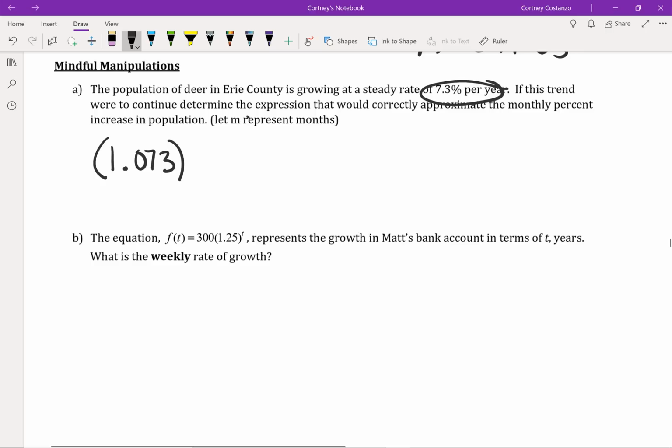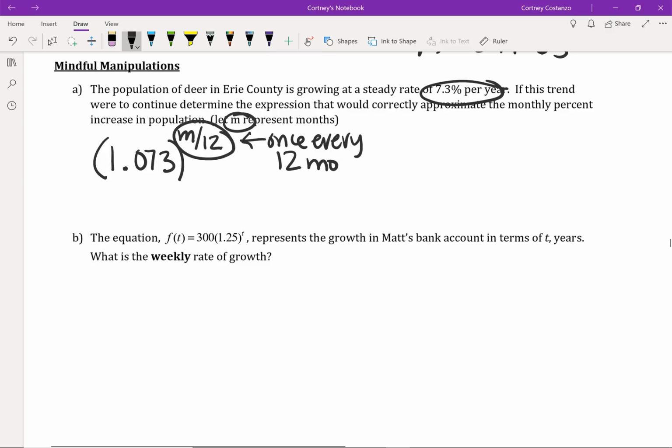Now, if they're telling us to use the variable M, and they're giving us a yearly rate, then I need an exponent that represents a year. So this exponent, m over 12, really means once every 12 months.